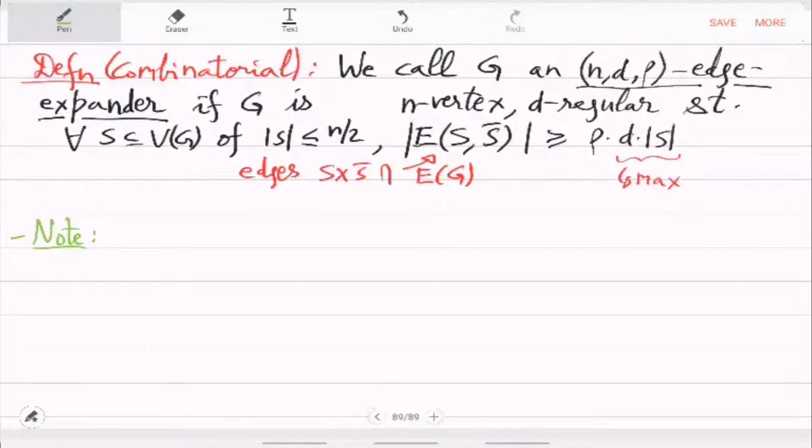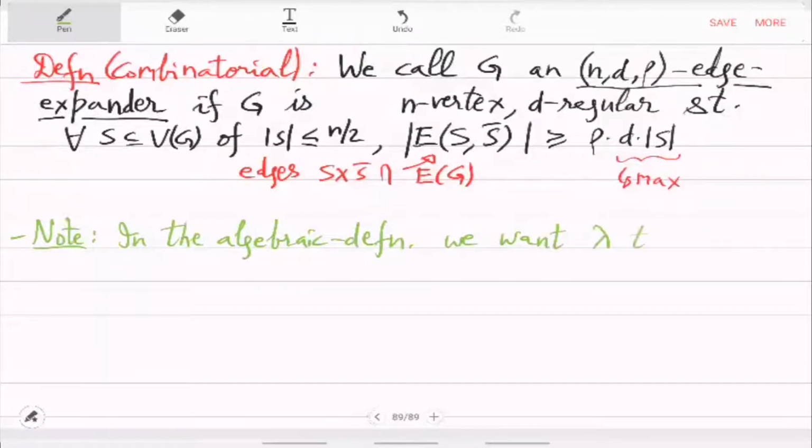So in the algebraic definition, we want lambda to be small, so close to 2 over square root d.